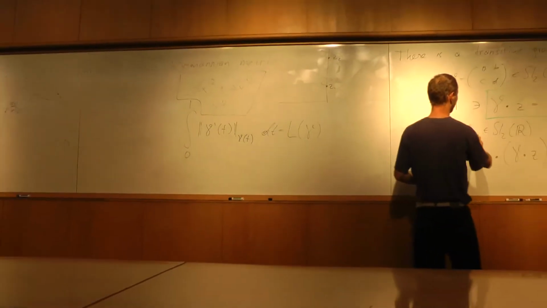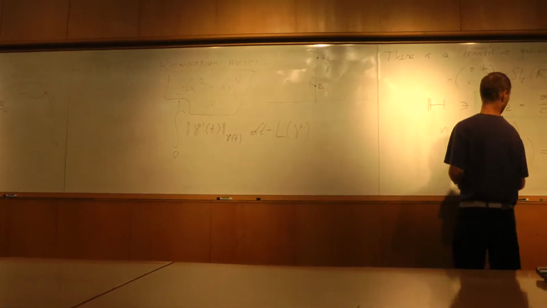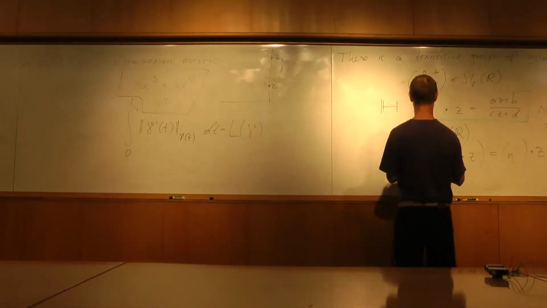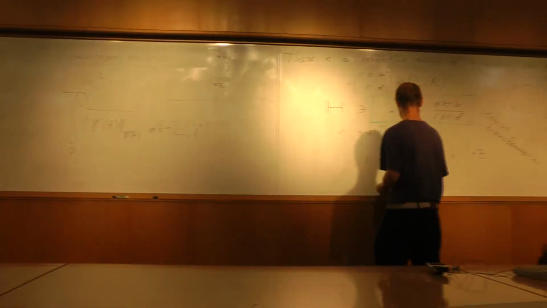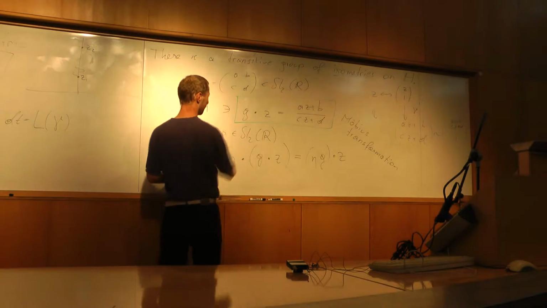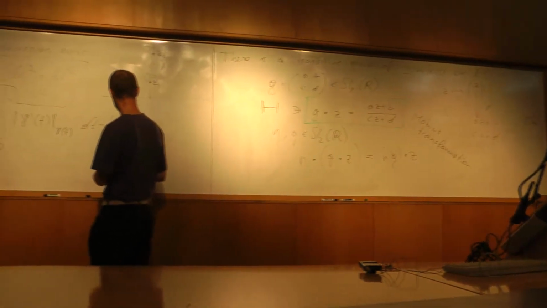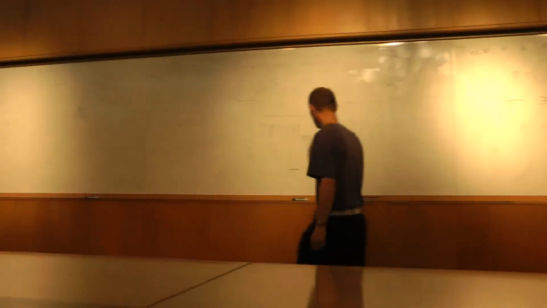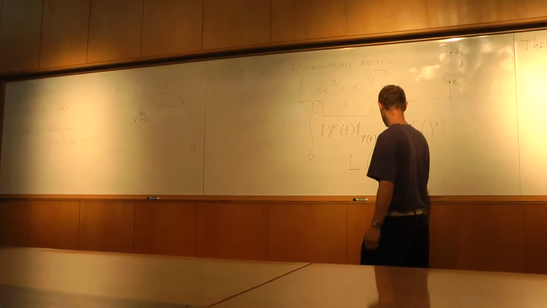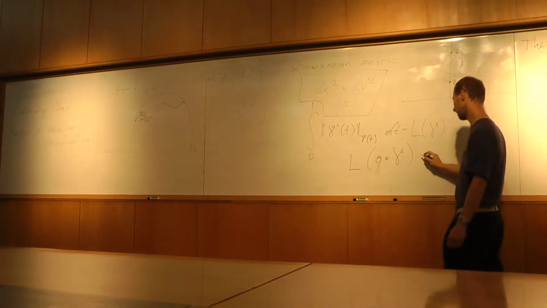So let's change some of the gammas at least to g's so that the following formula makes sense. Right. What you need to calculate is the following. You want to calculate the length of g composed with gamma. Previously it would have been like that.